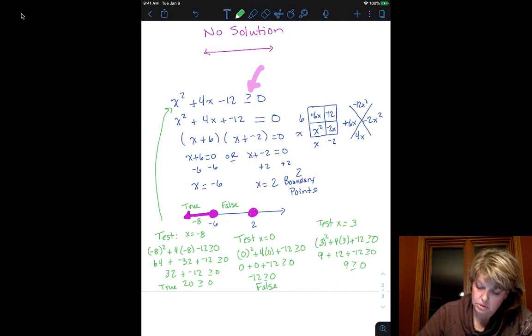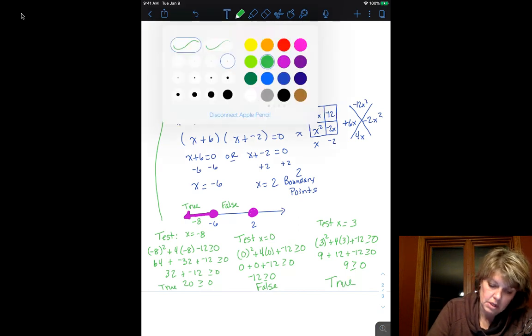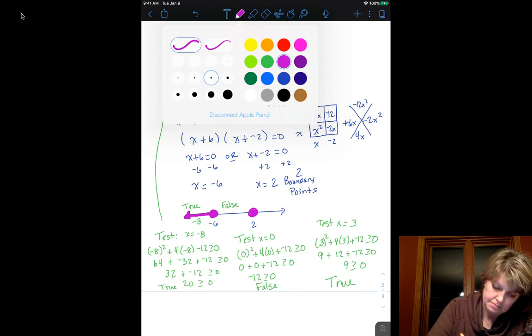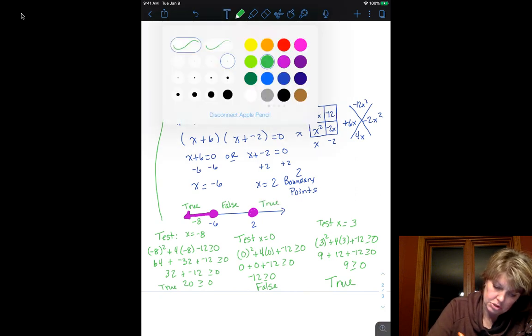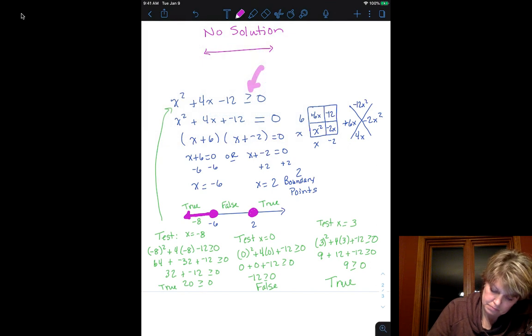The answer is yes, it is true. So because that works, I'm going to shade these, and I color in those.